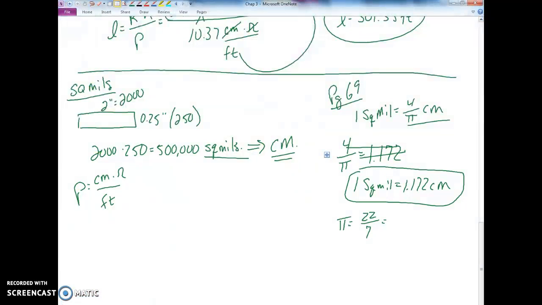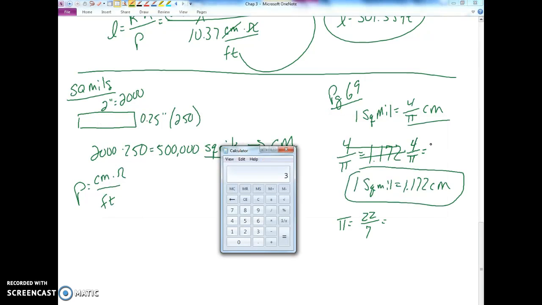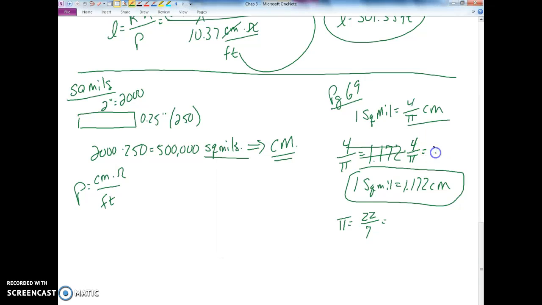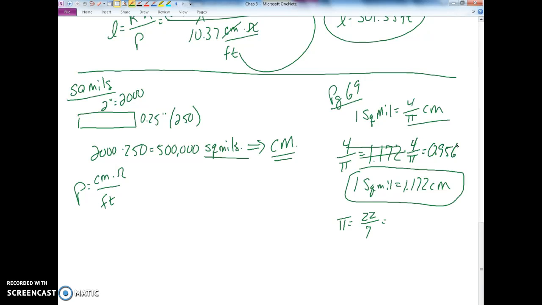And so 4 divided by pi is what? 4 divided by 3.14. 0.956. Did I get that right? I think that's right. Okay. So with that in mind, this was 3.14.